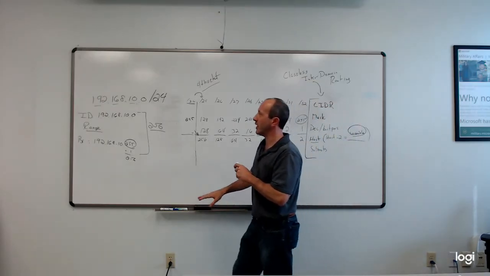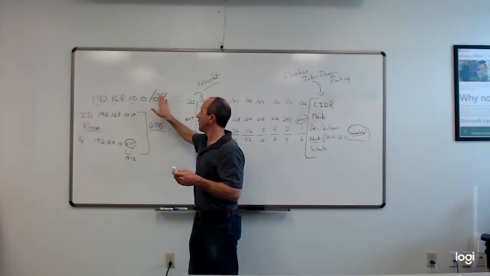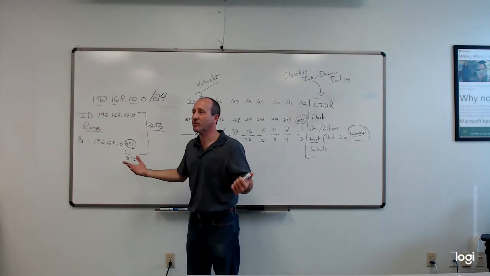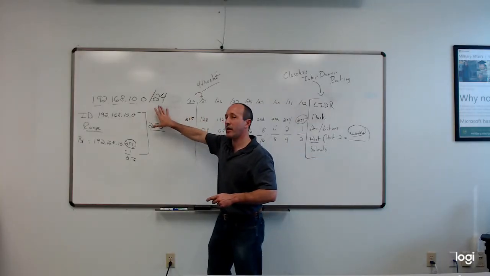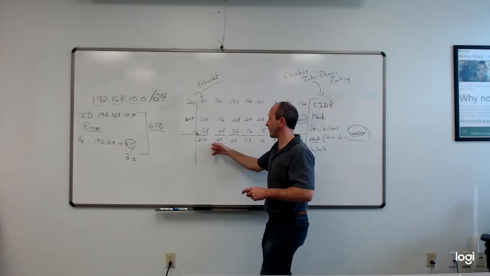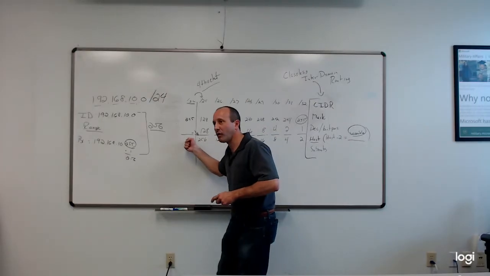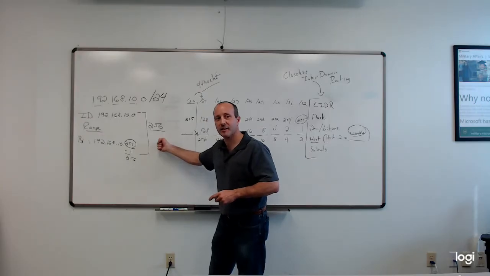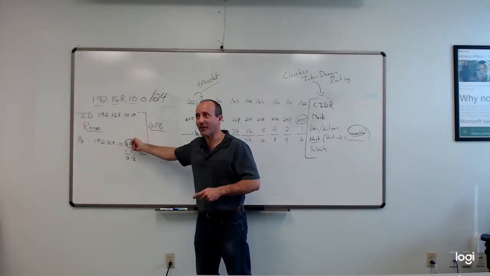But say this was a 172.16.10, say it was a class B. We duplicate these values in the 3rd octet. We run these numbers continuously: 8, 16, 32, 128, 256, 512, 1024, 2048, 4096, 8,000 something, 16,000 something, and we keep on doubling that number.